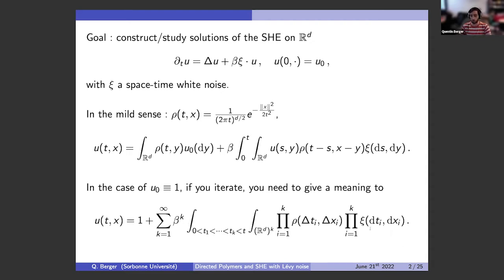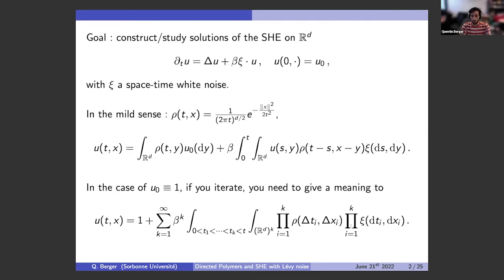But in the case where the noise, for instance, does not have a finite second moment, you're a bit stuck and you need to find some other ways to define that. So what we want to do is actually make sense of this last part, and we will call that a solution to the stochastic heat equation.